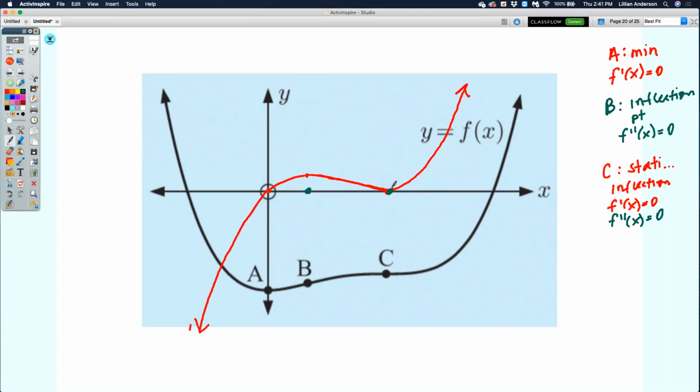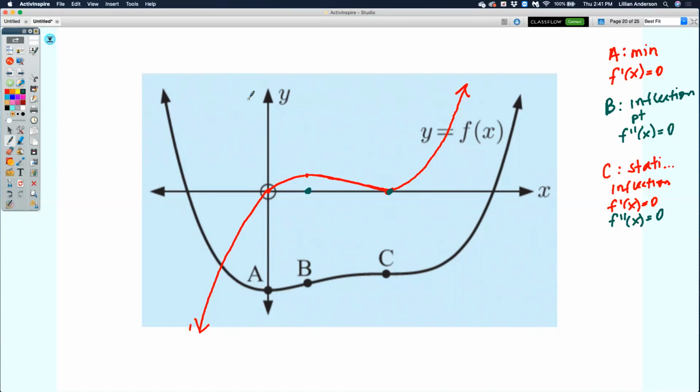So similarly to what we were doing before, we're talking about the second derivative now. From negative infinity to point B, the graph is concave up. Where the graph is concave up on your original, that means your second derivative is positive.